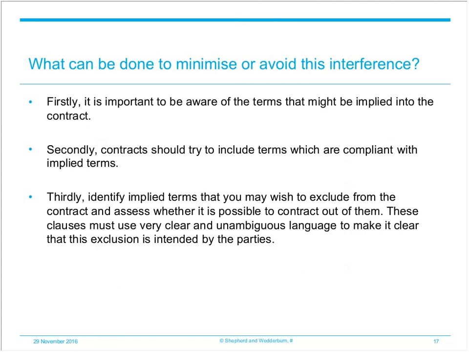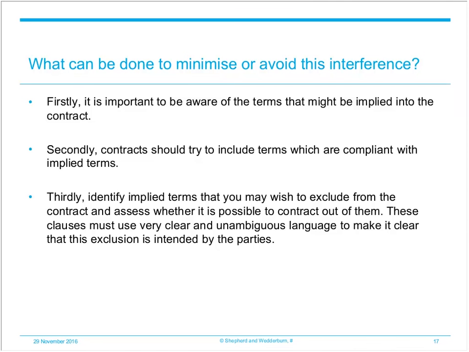And thirdly, identify potential implied terms that you may wish to exclude from the contract and assess whether it is possible to contract out of them. And as always, if you're attempting to do that, then you must ensure that the clauses use very clear and unambiguous language to make it clear that the exclusion is intended and what the effect of that exclusion is intended to be.